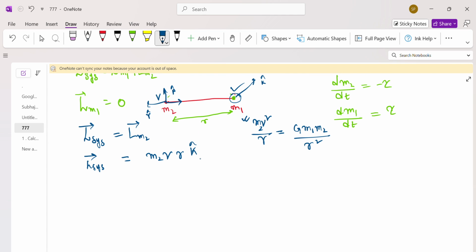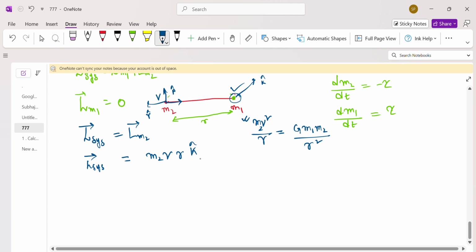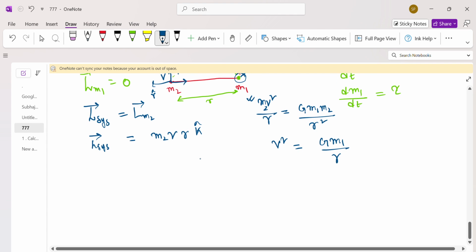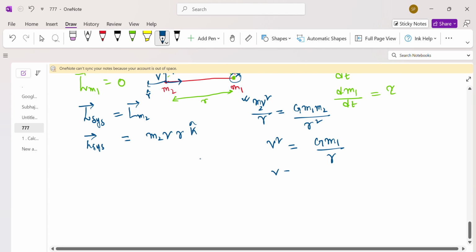If we solve this equation, we get v square is equal to G m1 divided by r. So v is nothing but the square root of G m1 divided by r. So this L vector is equal to m2 v, and in place of v we can substitute the square root of G m1 divided by r, times r, and then k hat.